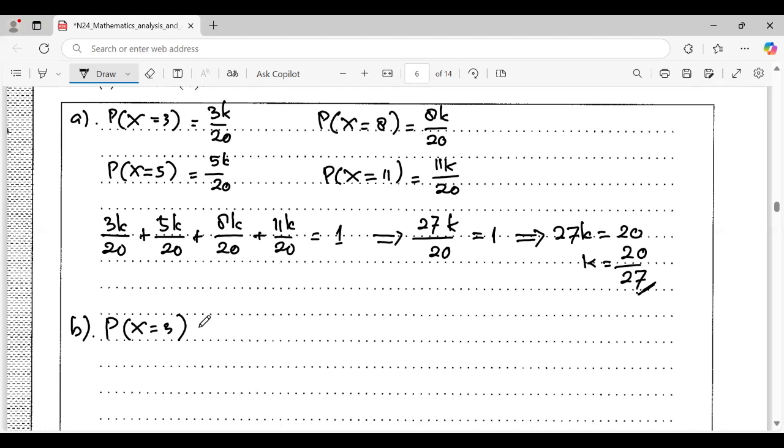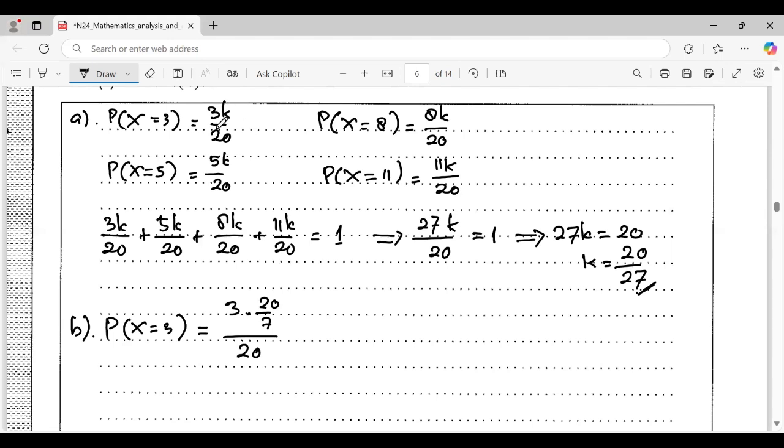It equals 3 times 20 over 27 over 20, because k is 20 over 27.